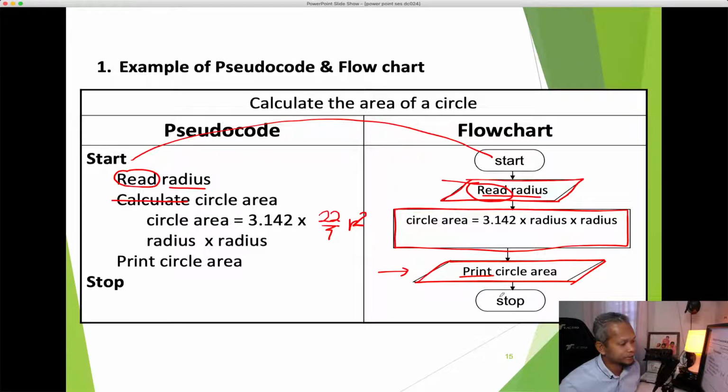And then this circle is the continuation of the logic part to another point on the same page. Okay, right. That means you have to continue to another page, so you need to use this connector. Okay, we go next.